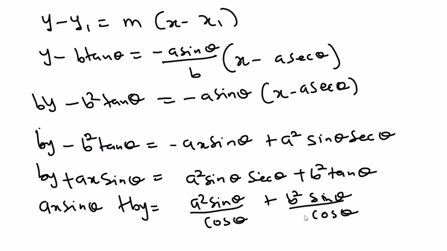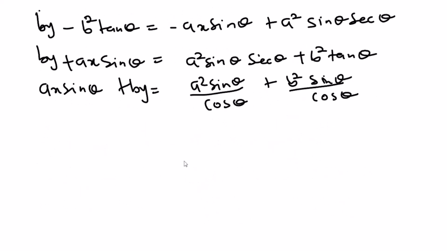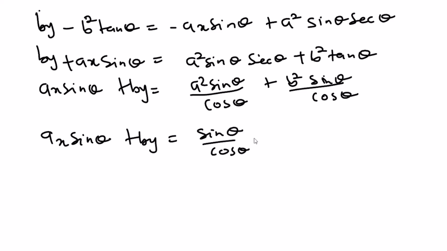Now sine theta on cos theta is common. So we can write that one as ax sine theta plus by being equal to sine theta on cos theta multiplying a squared plus b squared.